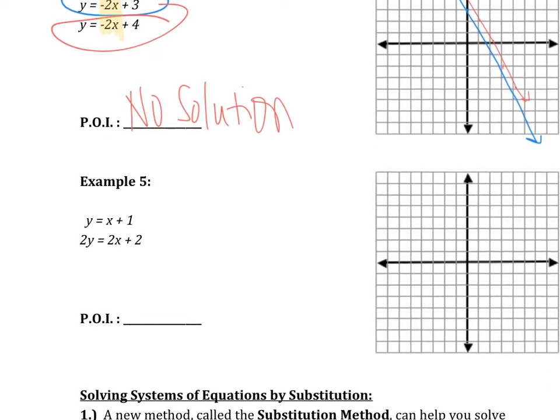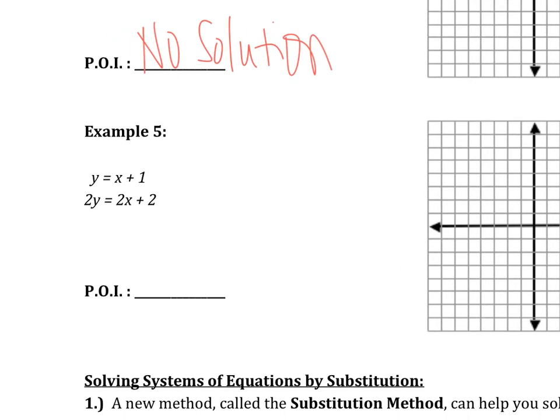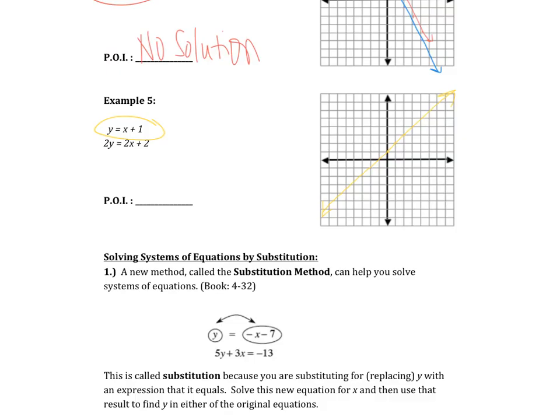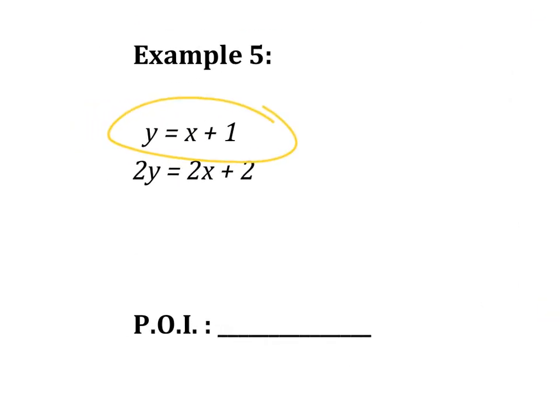For the last example, we are going to graph y equals x plus 1. So we have that graphed, and then we want to take a look at the other equation. You will notice that this is not set up in y equals format, so we're going to do that. So we'll divide everything by 2, which will give us y equals 1x plus 1.